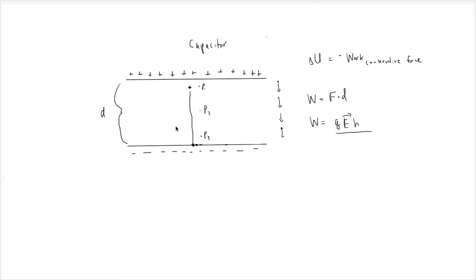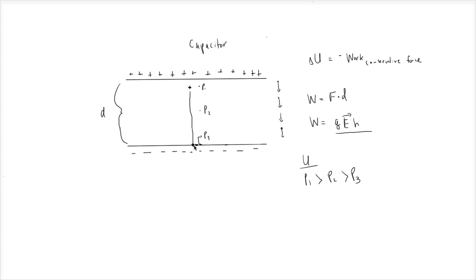But that means that it must have had a lot of potential energy to begin with. And so we can see that P1 has more potential energy than P2, which has more potential energy than P3, because P3 has the least amount to fall. It has the smallest distance over which a force can act on it, which means the smaller amount of work that can be done on it by the electric force.